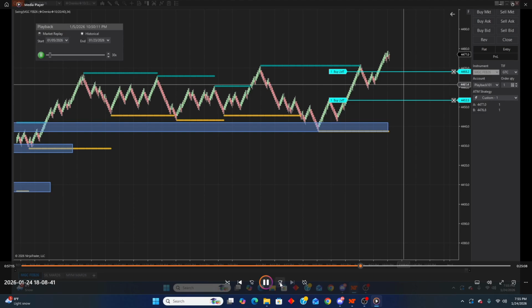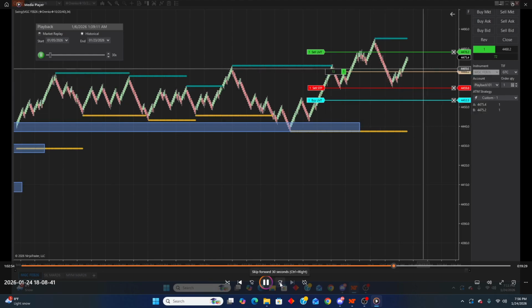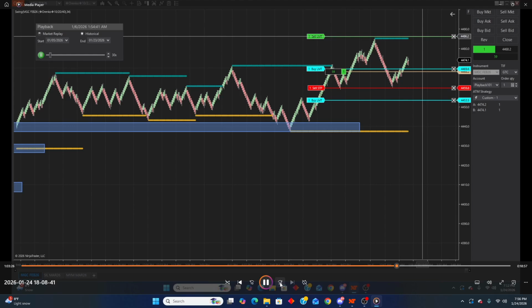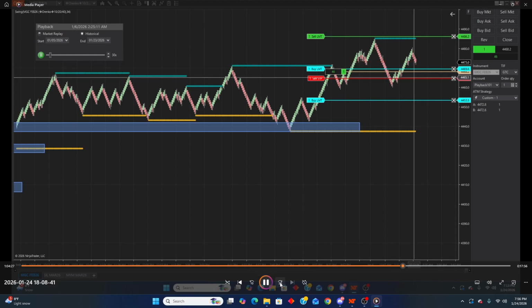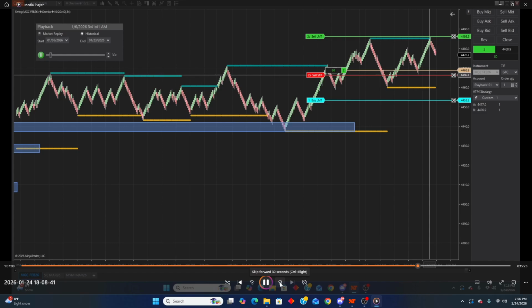Like you'll see. You see how I placed it on the neckline, right? Watch, I'm going to lose that trade because price would rather come back to the imbalance than just look. Just wicked me out.